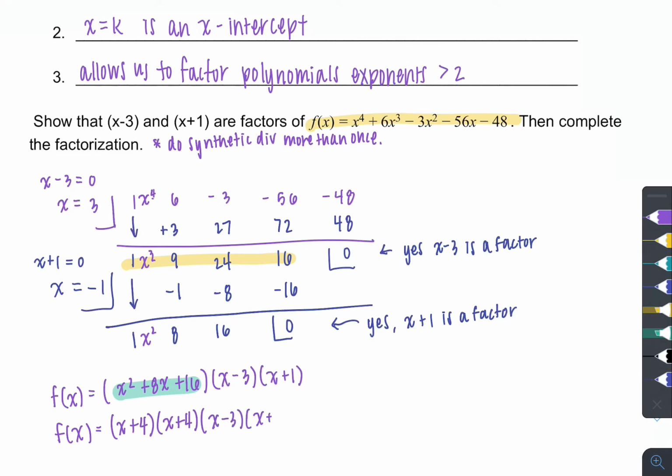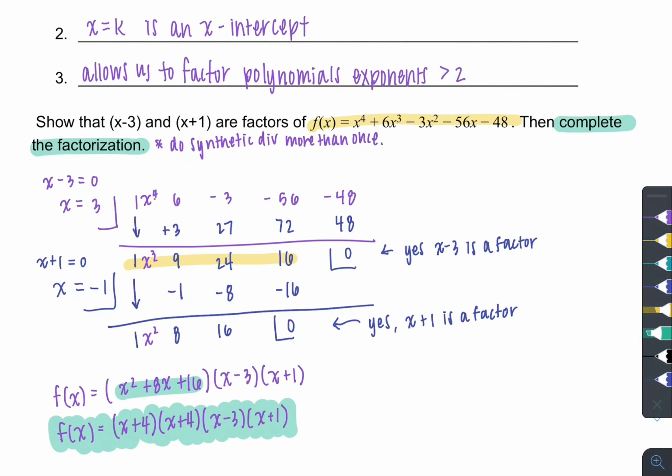So this right here answers the question of complete the factorization. Okay, so this right here is our final answer to that. Just to go through, we use synthetic division all the way down, then we factor it the rest of the way.